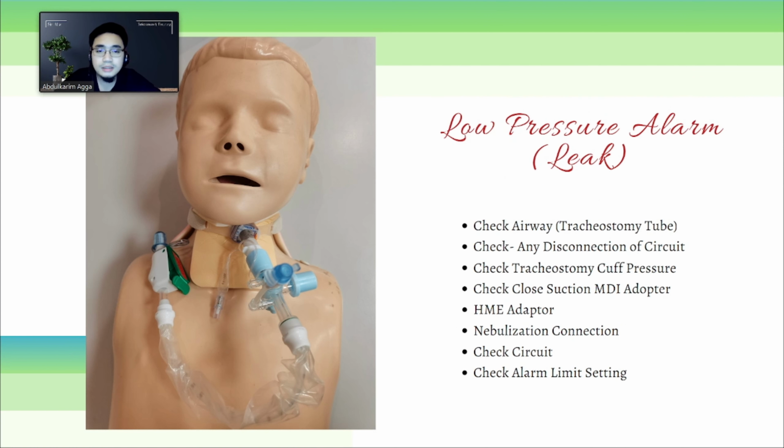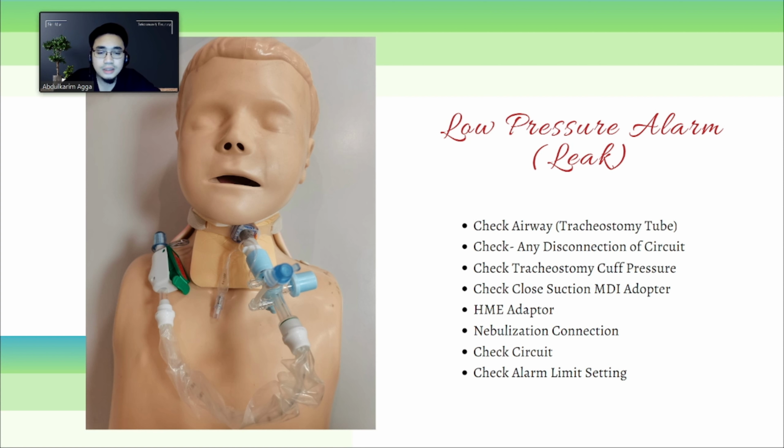On the other hand, when the patient has a low pressure alarm or leak, you need to check the airway, the tracheostomy tube. Maybe it has been detached, or there is any disconnection in the circuit. The tracheostomy cuff pressure may be too low. Check the closed suction adapter; maybe it has been detached as well. The heat-moist exchange filter adapter may have been detached as well.